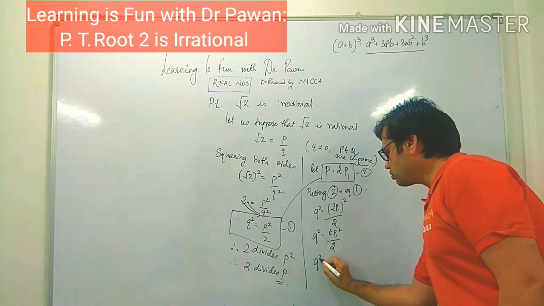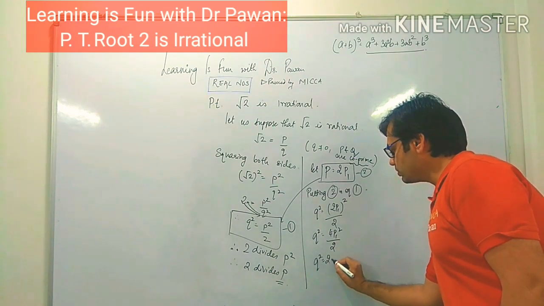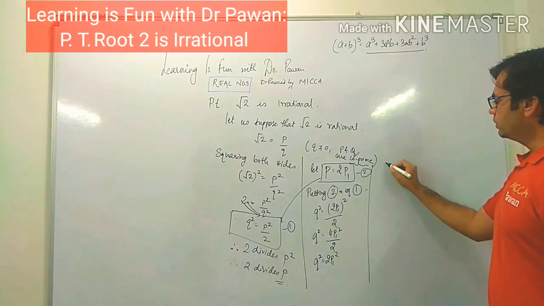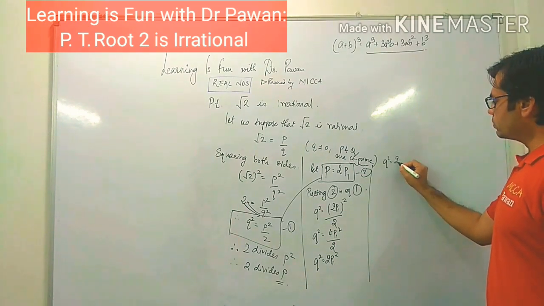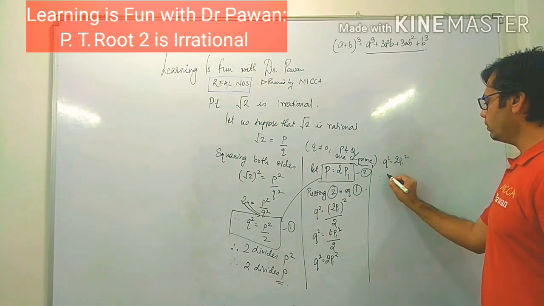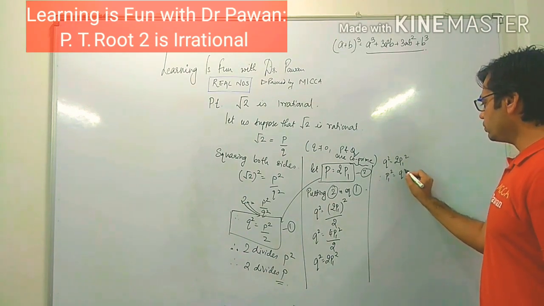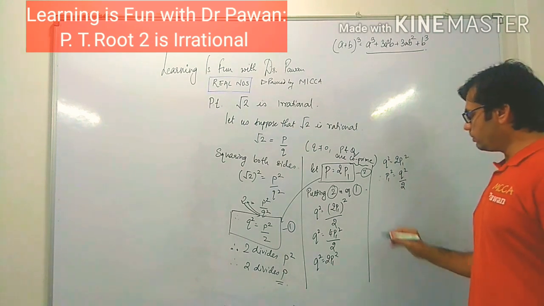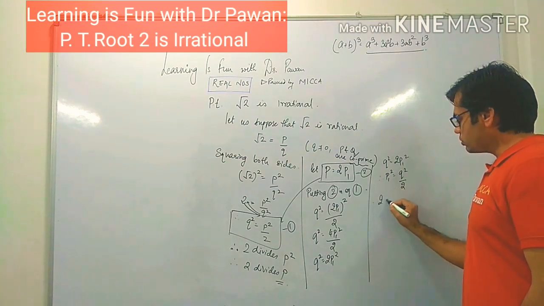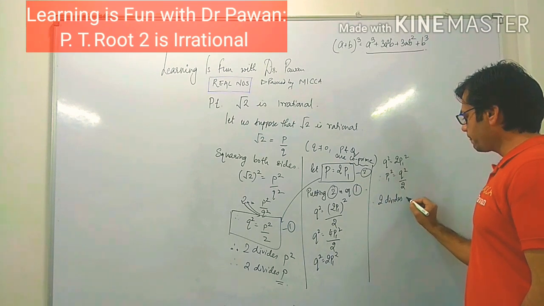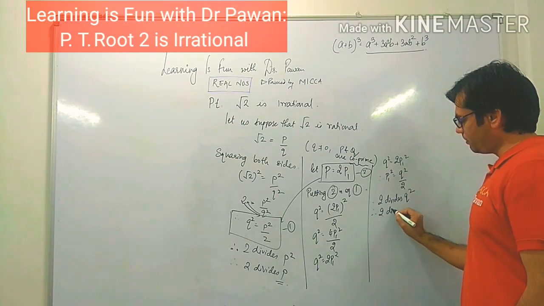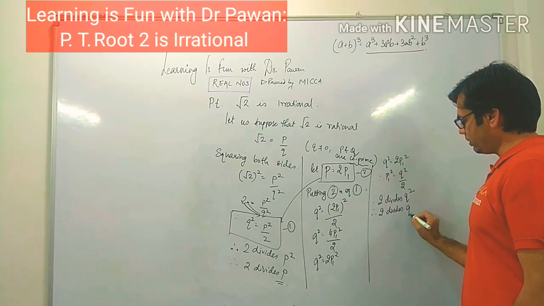So this becomes q square equals 2 p1 square. Therefore, p1 square equals q square by 2. So now we have, therefore, 2 divides q square. Therefore, 2 divides the number q, so 2 divides q.